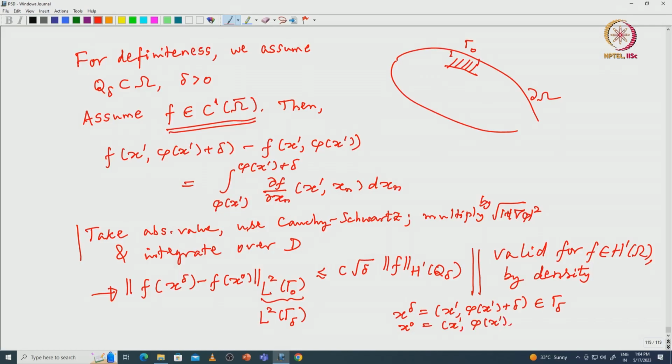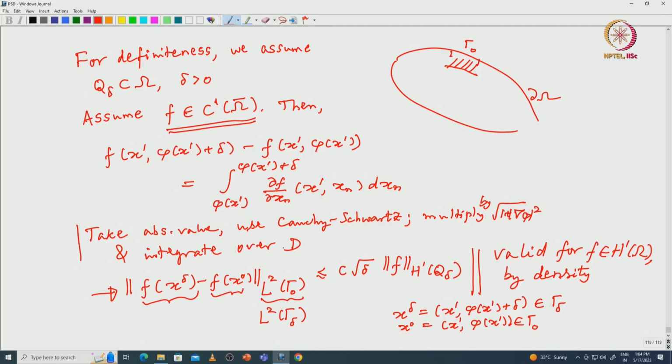So, starting with a small simple piece, and then getting a parallel simple piece. These are essentially traces: this is trace on gamma delta, and this is trace on gamma 0, and we are getting this estimate. This is the continuity I was referring to.